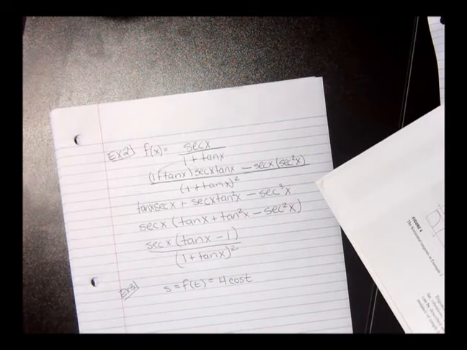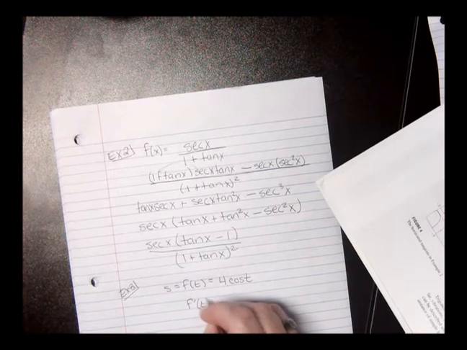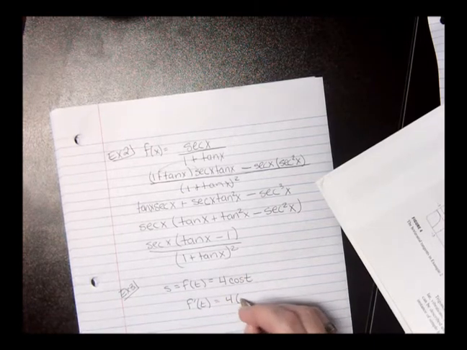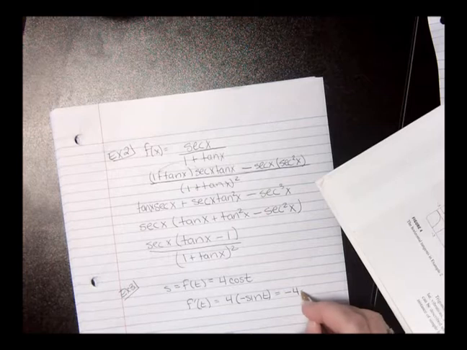So first we need to find the velocity. So finding the velocity, we are going to take the first derivative. So f prime of t. The derivative of cosine is negative sine. So this is negative 4 sine t.